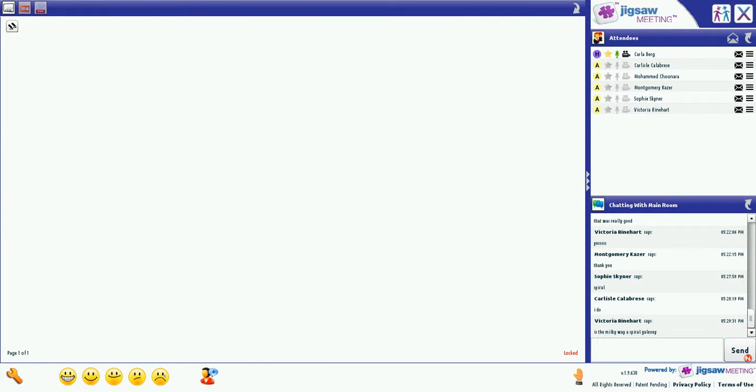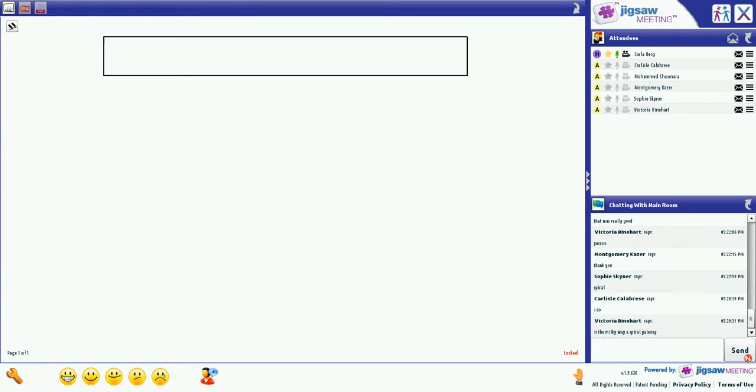And first, what does it take to be an astronaut? Does anyone have any ideas? If you do, go ahead and write them right up here or write them in the text chat and I'll move them over. But what do you think it takes to be an astronaut?